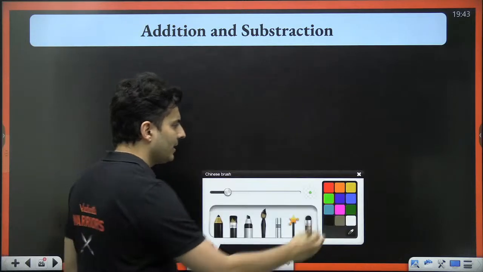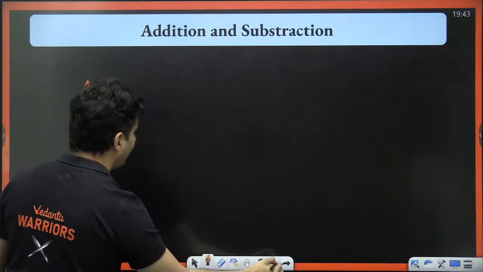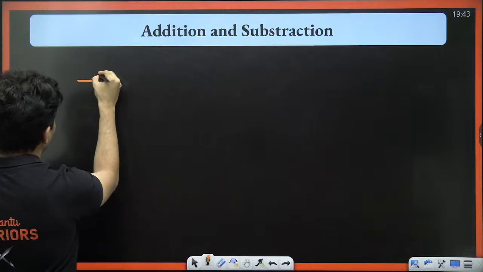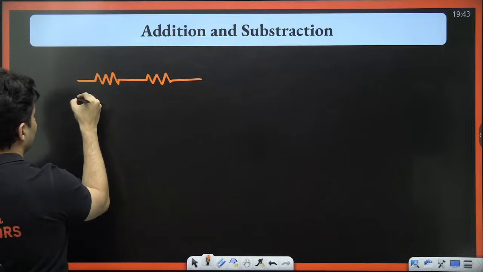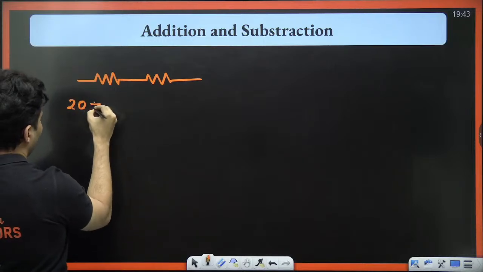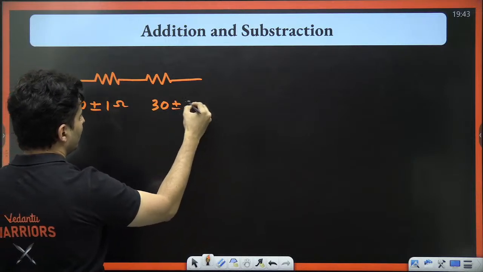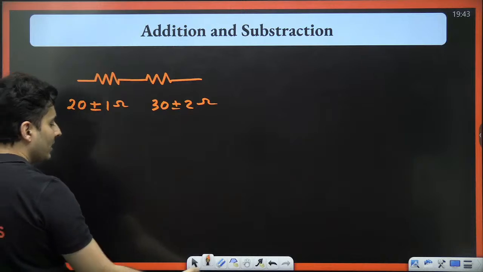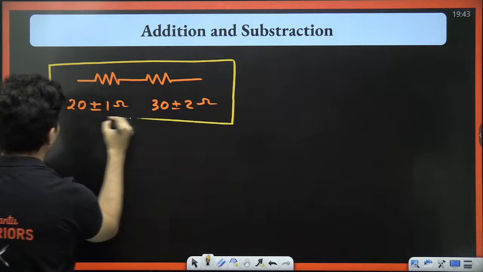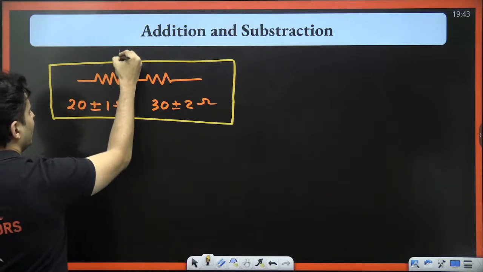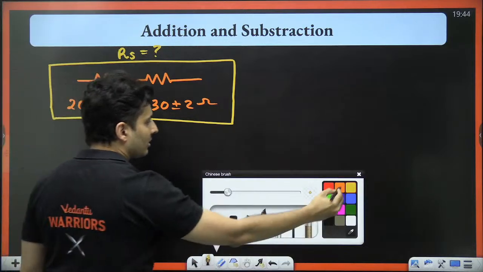Imagine there are 2 resistors in series. This is 20 ohms plus or minus 1 ohm. This is 30 ohms plus or minus 2 ohms. What do you think is the total resistance? What to do in such cases?